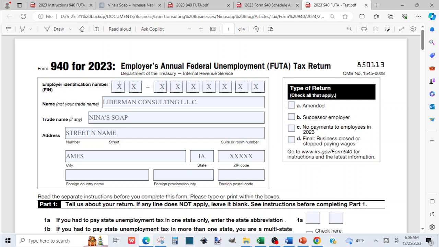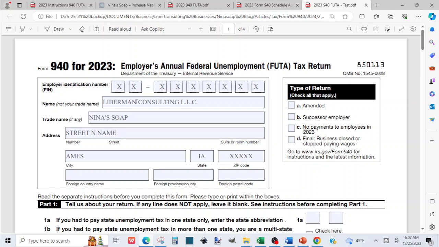So first, let's get started. Employer identification number: you enter the identification number related to the business you are filing for. Name: enter your business name, and it has to be the legal name of your business. If you are a sole proprietor, it will probably be your own name.